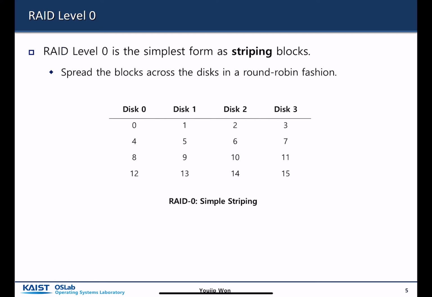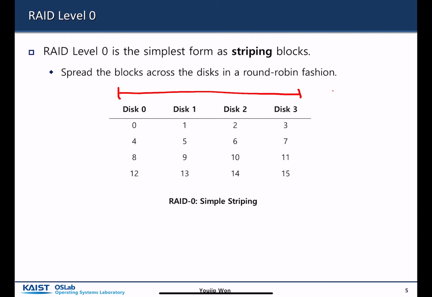In RAID, the number of disks forms what is called a single stripe. In RAID, first you write the disk blocks in round robin fashion. For example, if you write 16 blocks, the easiest way to distribute these blocks is in round robin fashion.